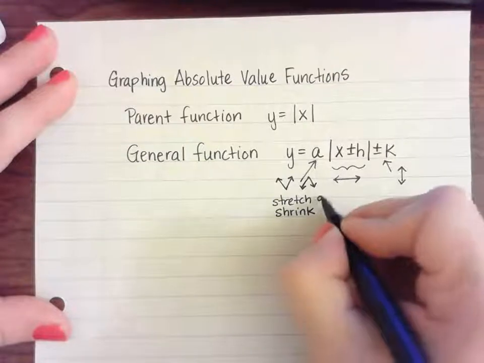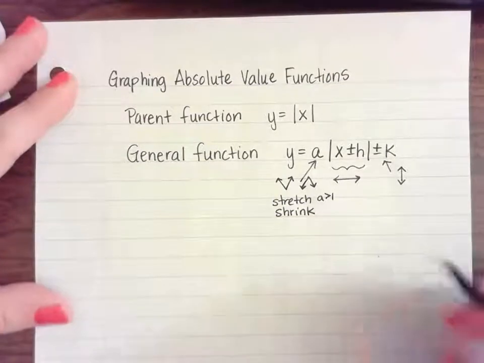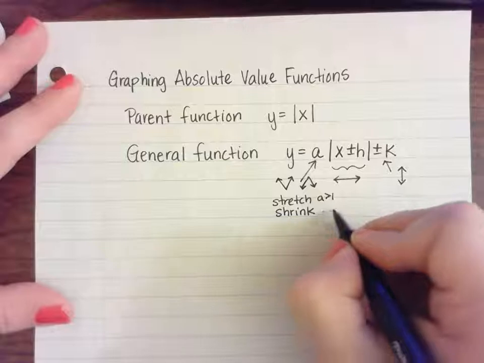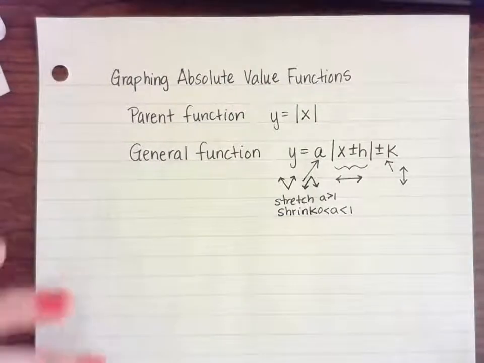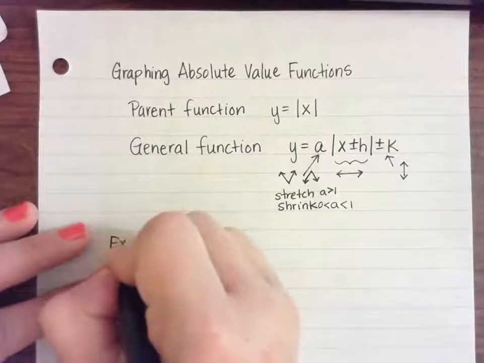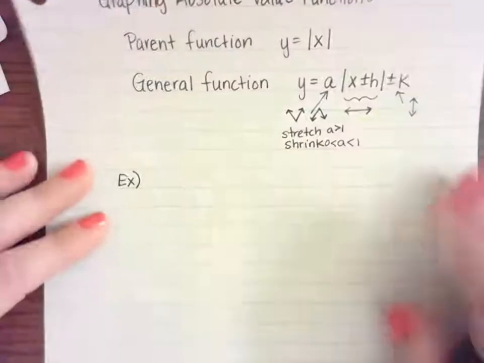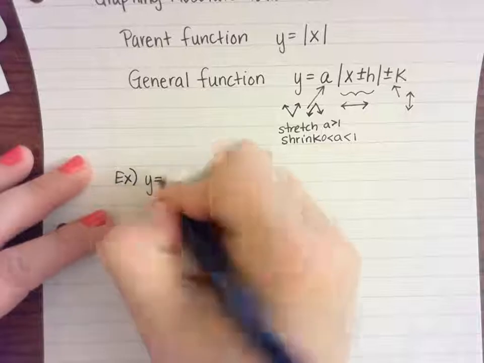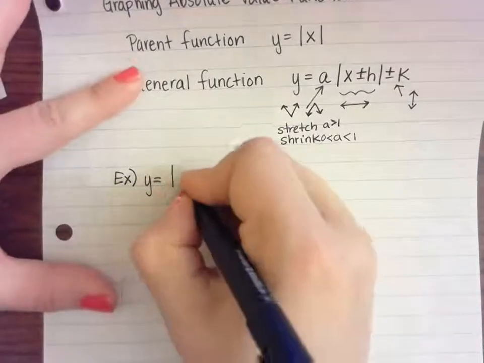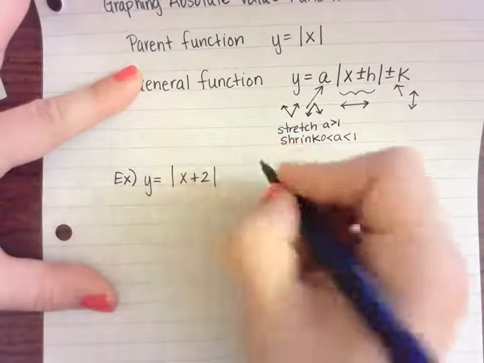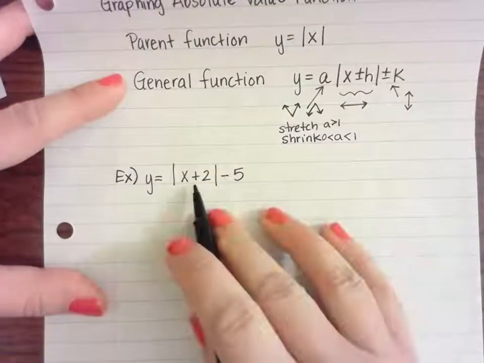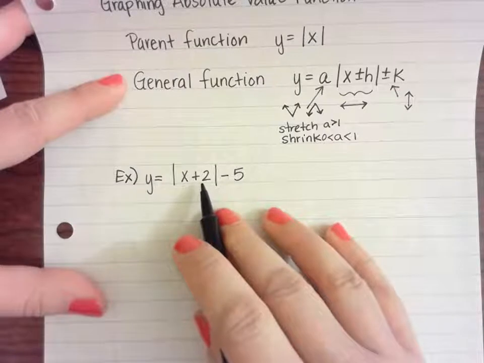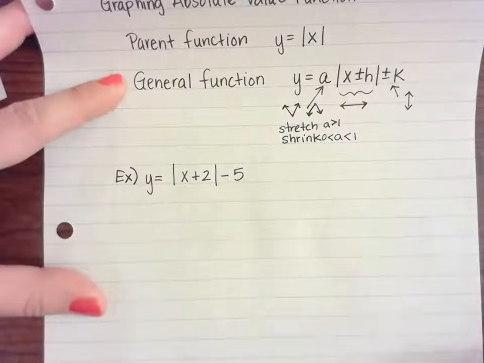If a is bigger than 1, it's going to be a stretch. Remember, that controls your slope. If a is a fraction between 1 and 0, that's going to be a shrink. Okay, so here's an example. You have y equals the absolute value of x plus 2 minus 5. So, since this is plus 2, if it's x plus 2 on the inside, it does the opposite movement of what we would actually think it would do.